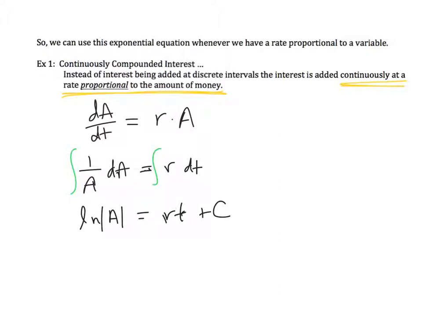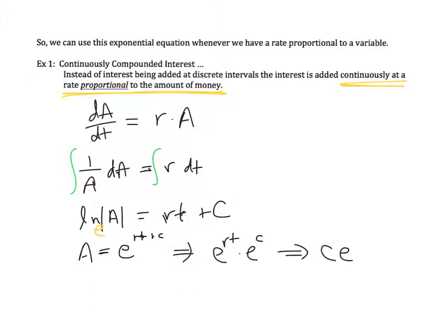So solving that, I have that base of e for my exponential, so I'm converting from log to exponential equation. So I'm going to get e to the rt plus C is equal to my amount. It's acting like my y. I'm going to rewrite that as e to the rt times e to the C, which is going to become C e to the rt.